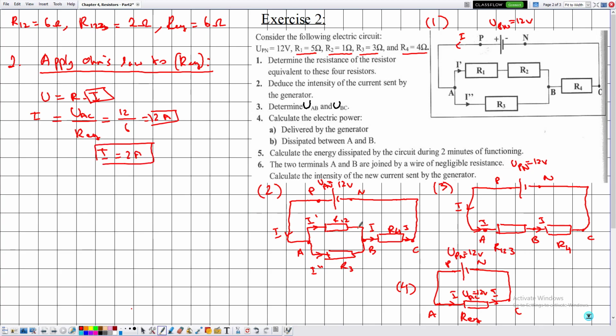As we have mentioned previously, the trick in solving such type of exercises is to label the value of the current I, 2 amperes, over all electric circuits that we have determined. So this is 2 amperes, this is 2 amperes, this is 2 amperes, this is 2 amperes, and I here it is 2 amperes.